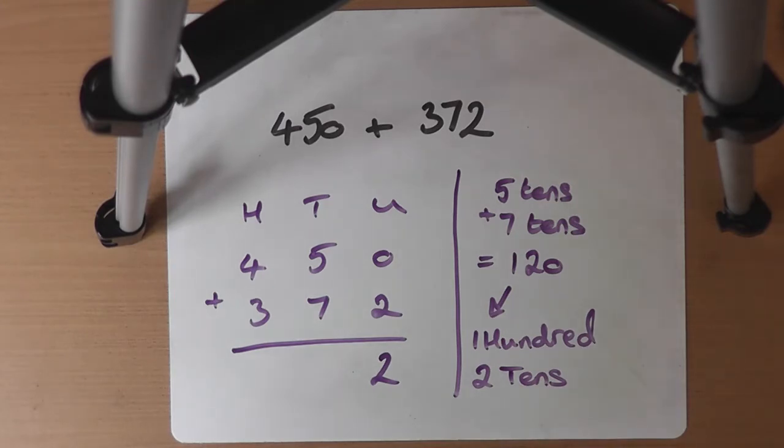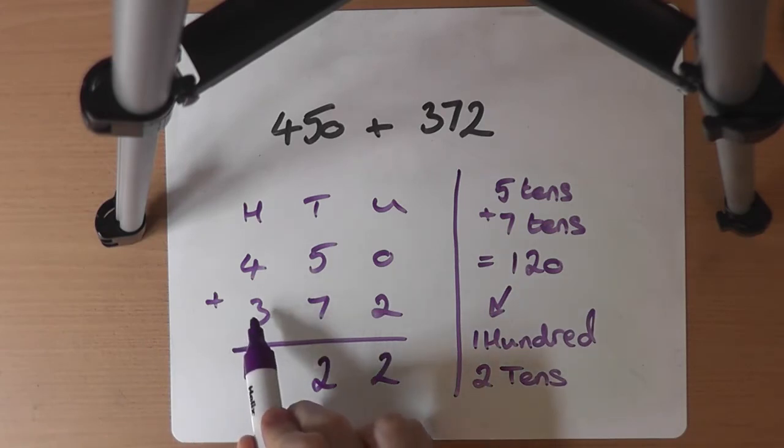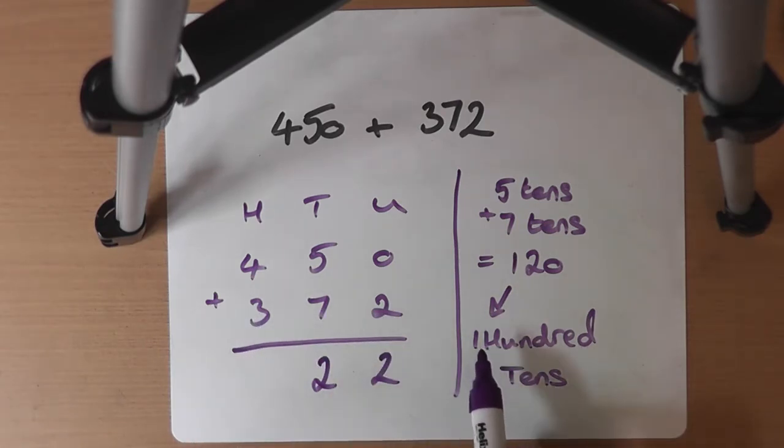We have to have 2 tens in the tens column, so there's going to be a 2 in there. And we then have to have a 100 somewhere. That 100 we've not done anything with yet, but when we add up the hundreds, we're going to add up the 400s, the 300s, and this 100 that we've just gained from adding the tens.